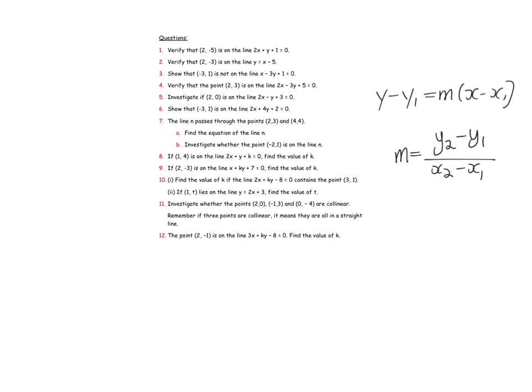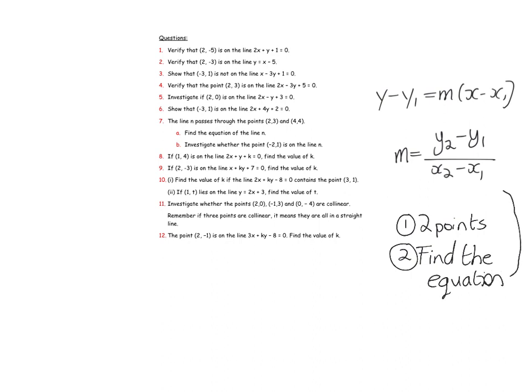So what you should be able to do is take 2 points and find the equation of the line, using the equation of the line formula and the slope. And then the third thing you're going to do is sub in the other point. And if it is on the line, you know the points are collinear. So that one should hopefully be fine.